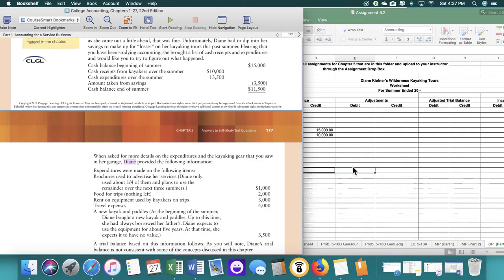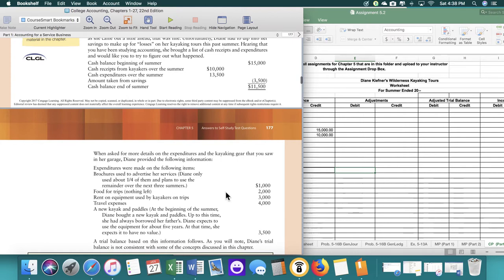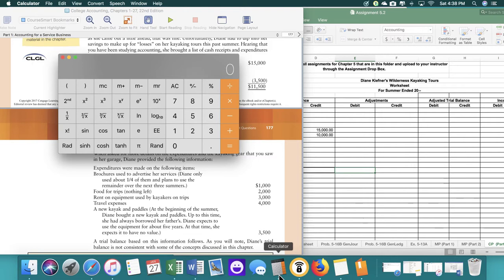Now we're going to have to start on the adjustments. If you look at brochures, we're at $1,000, but she only plans to use a fourth of them. So we need to figure out how much she has actually used this period.